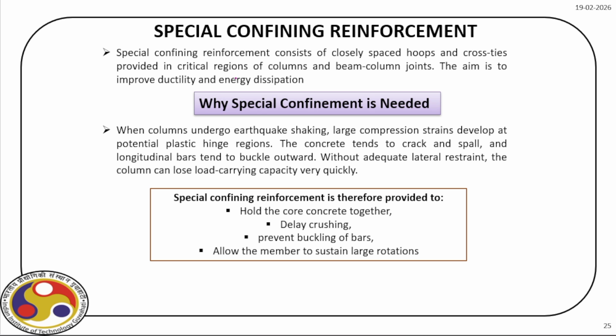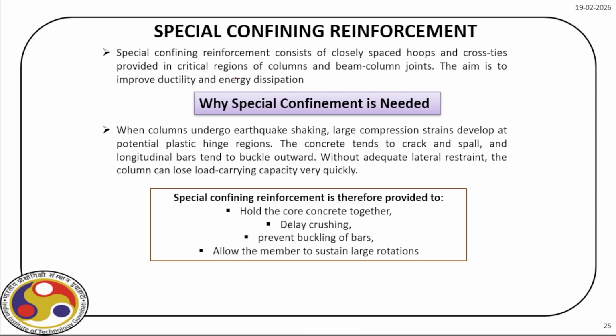But for the time being, when a column undergoes earthquake shaking, large compression strains develop at potential plastic hinge regions. The concrete tends to crack and spall, and longitudinal bars tend to buckle outwards. I have already shown you some photographs earlier.